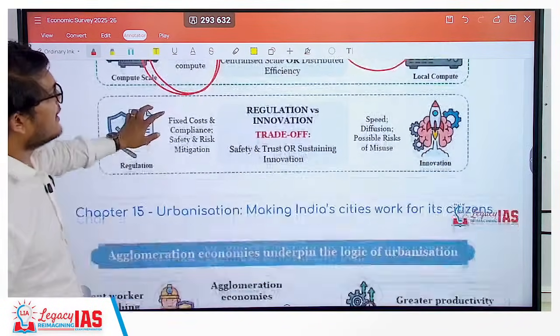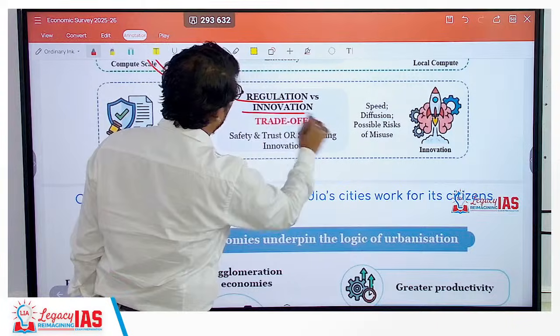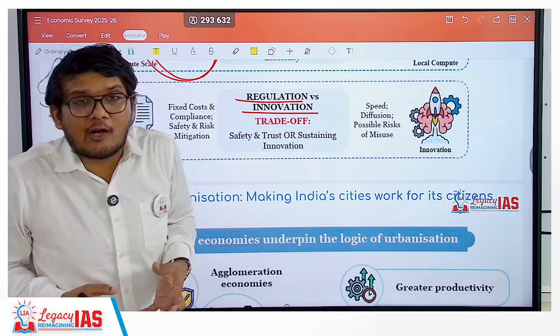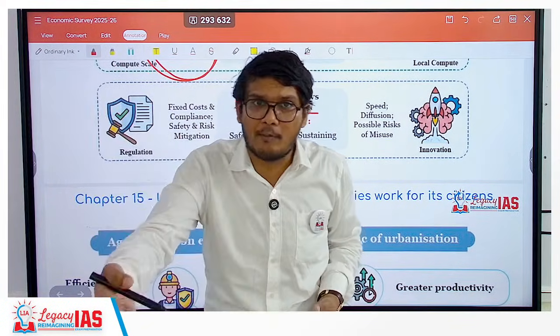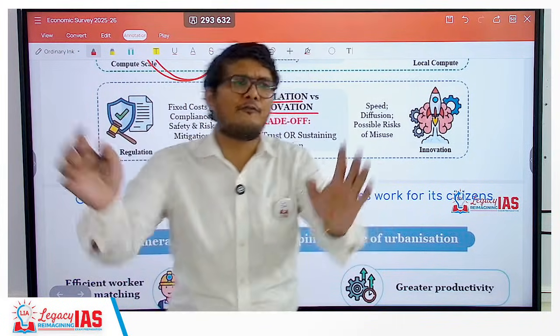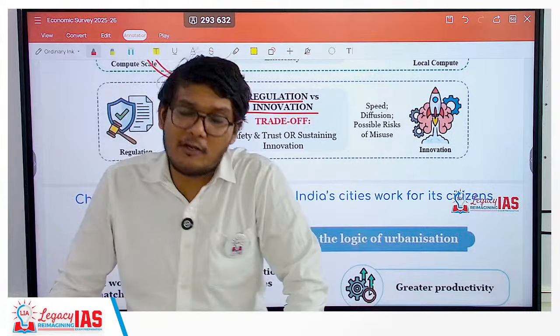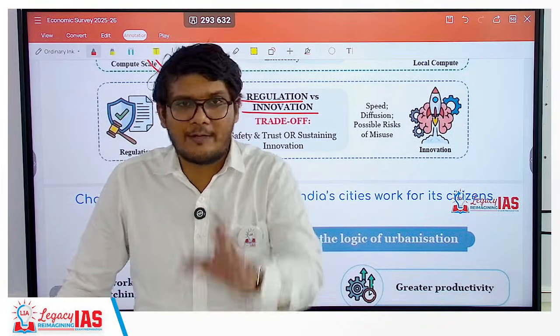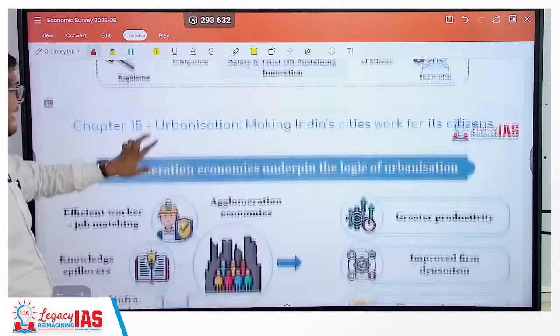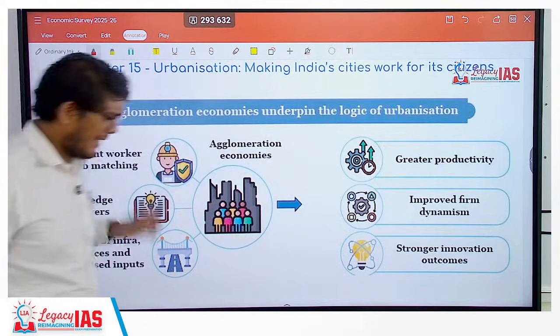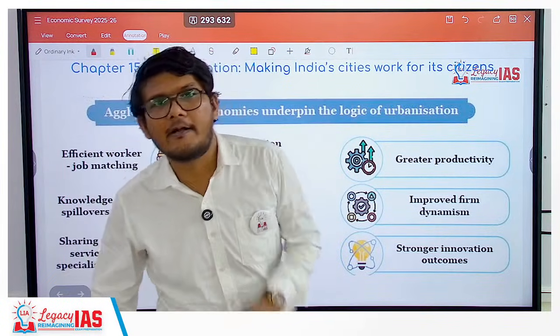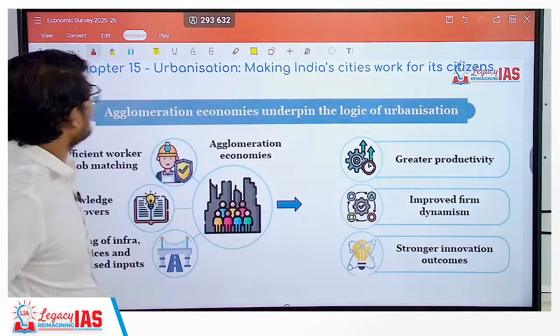What do you want? Then you have regulation versus innovation. Should you regulate a lot because it can create a lot of problems, or should you give a lot of freedom so that more innovation can take place? So these are the questions in front of India, in front of us, when it comes to artificial intelligence. A lot of ethics-based questions can also come under artificial intelligence. All right, let's move ahead.